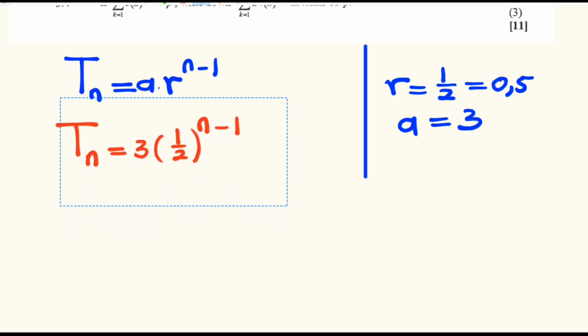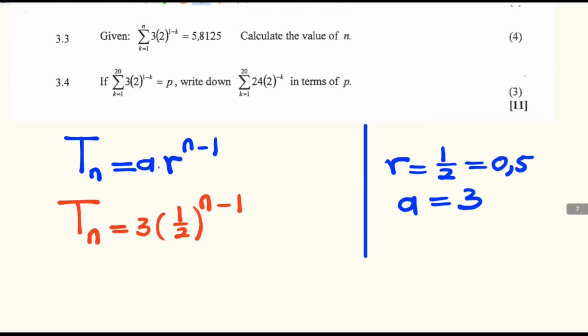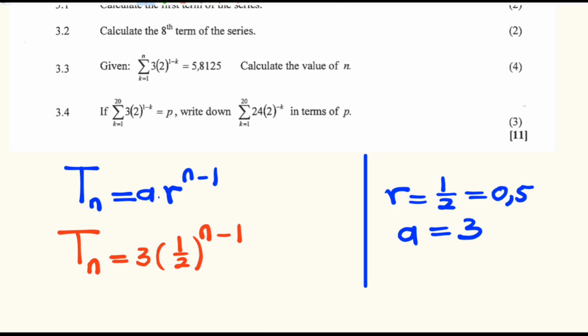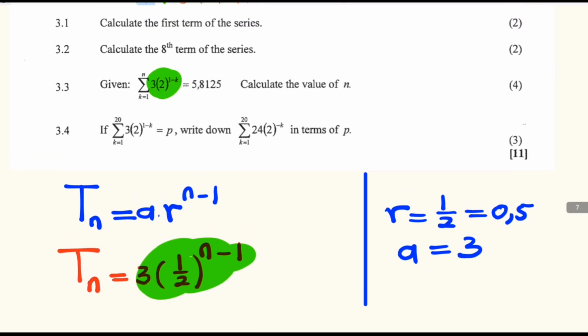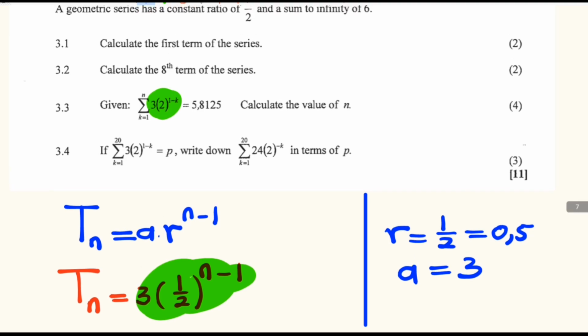Remember that what we have inside the summation is Tn, and that Tn inside that summation is just the same as this Tn that we just determined. It's just that they have k as the independent variable and we have n. We can prove that what we have is just the same as what we have inside the summation.